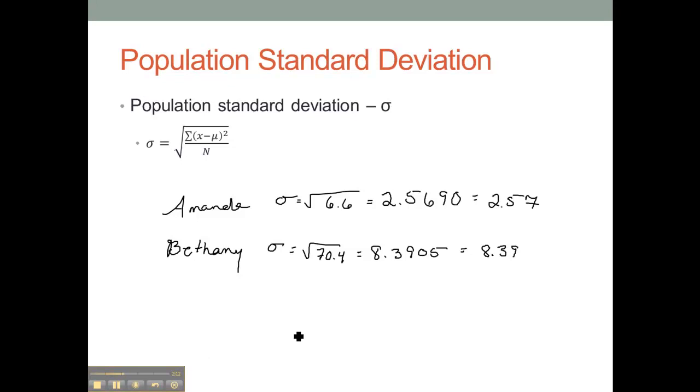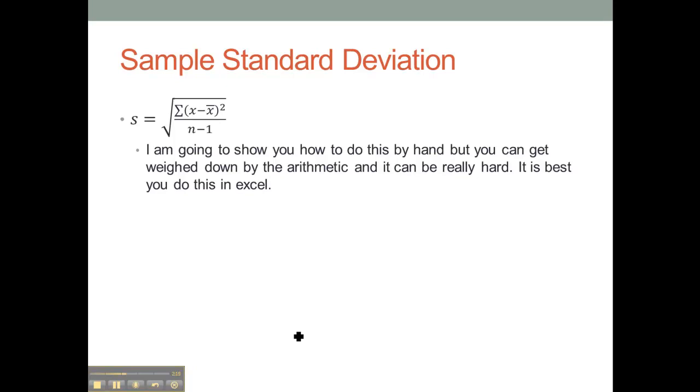Now I'm going to show you how to do what we just did, and we're just going to do it to a sample. All right, so the sample standard deviation is indicated by this formula. The sample standard deviation, also, I abbreviate it as STD sometimes, is equal to the square root of the sum of the value minus x bar, squared, so the sum of all those squared, over n minus 1, which is the sample size minus 1.